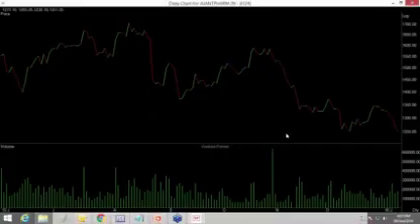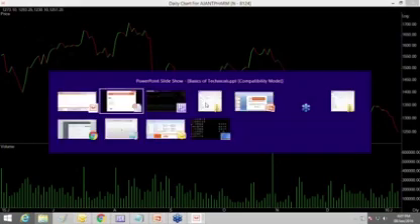If you press L, then it will show you the line chart. This line chart is formed by connecting the closing price of the day. And this line chart generally helps to calculate the moving averages. Moving average is generally calculated on the closing price of the chart.